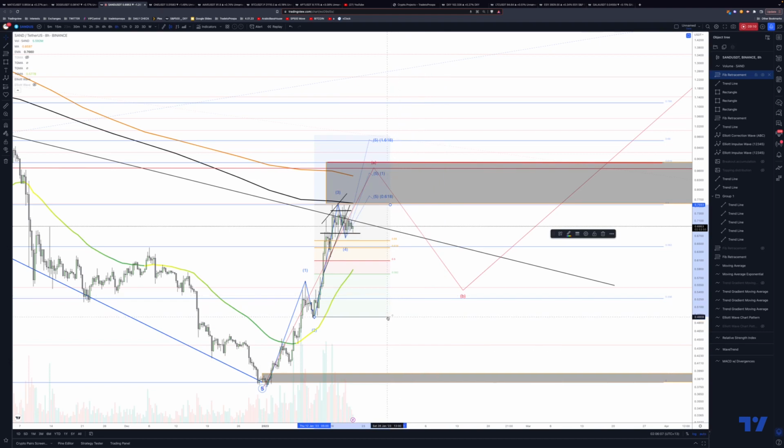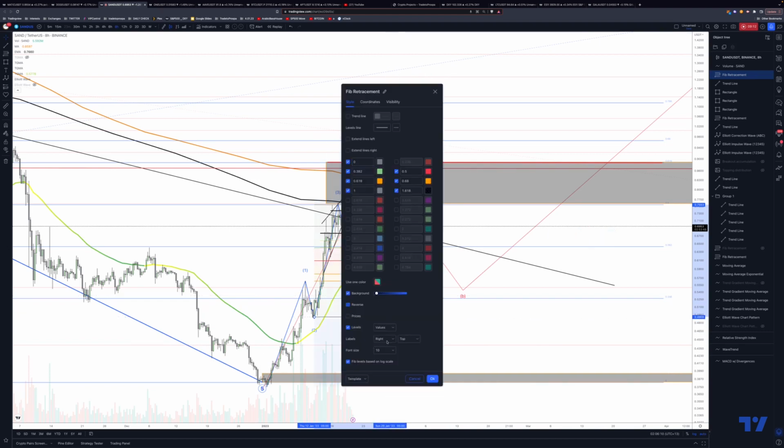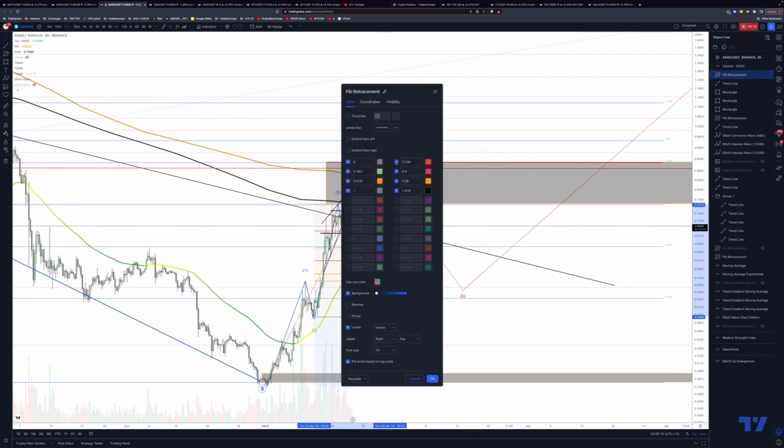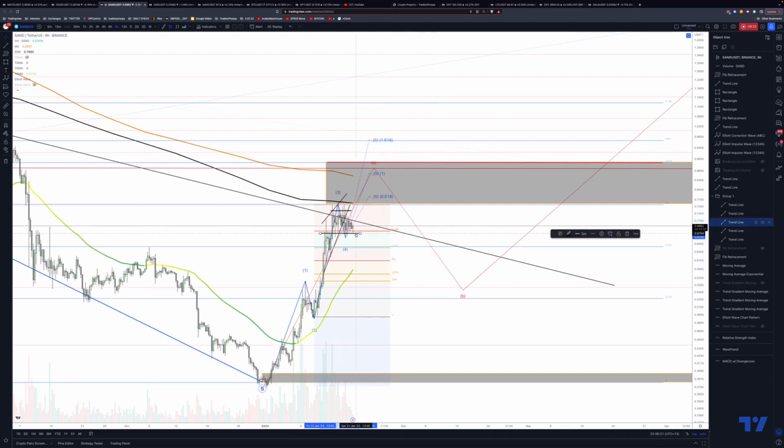Unless I got it wrong. Yep, no, it is wrong, so reverse that. So the 0.382. Hold on. And we've got that as well, it seems. So it's holding up on the 0.382, give or take a bit.